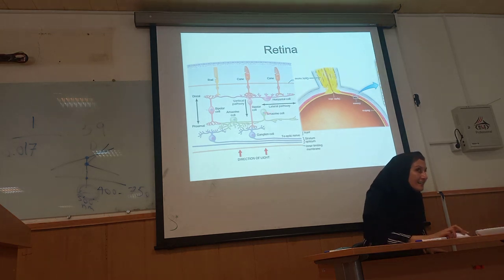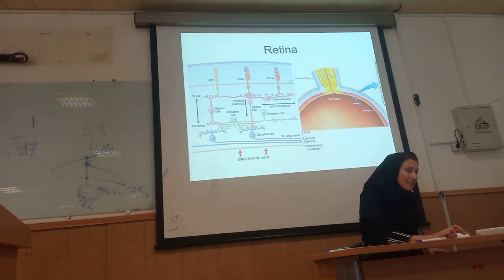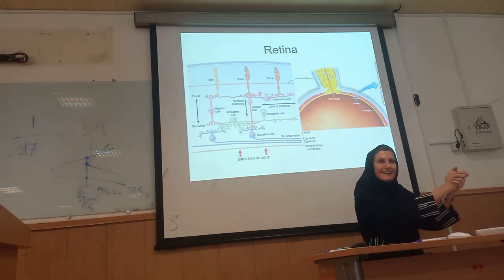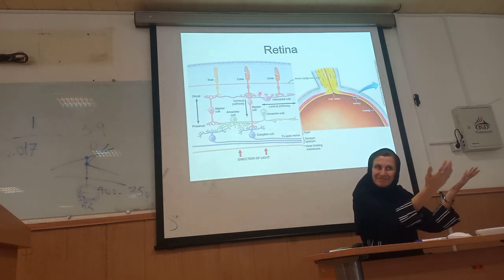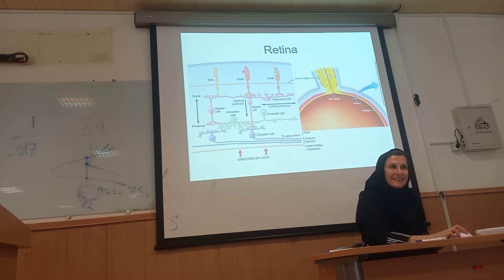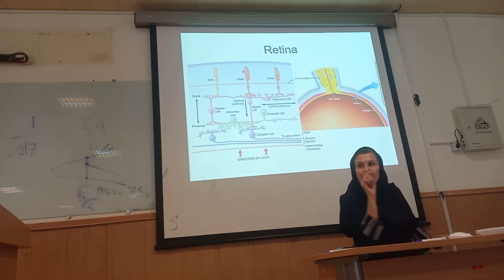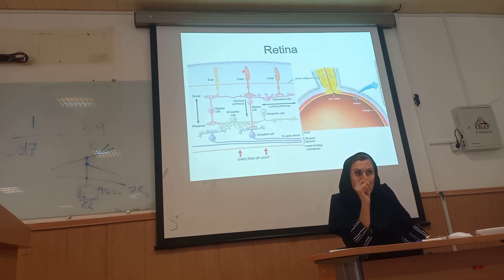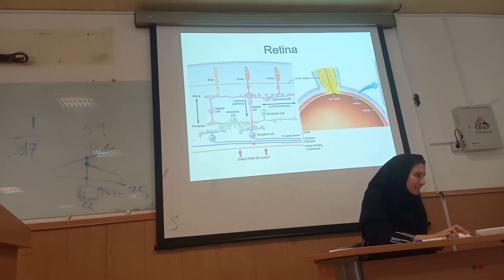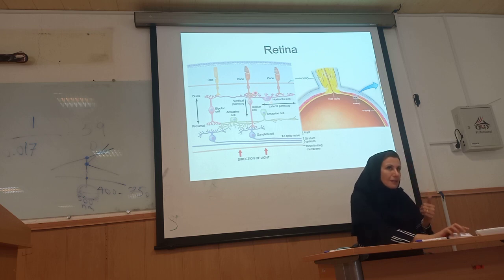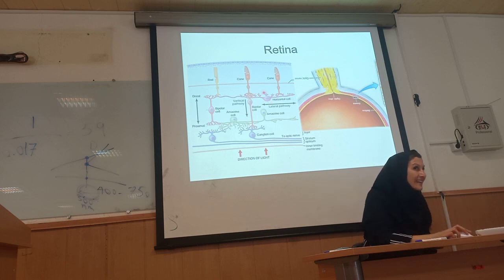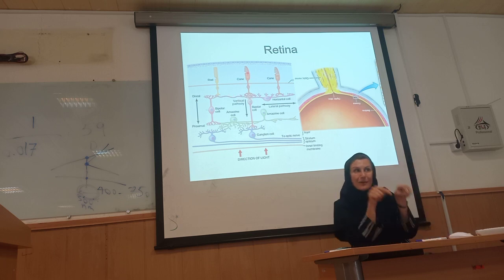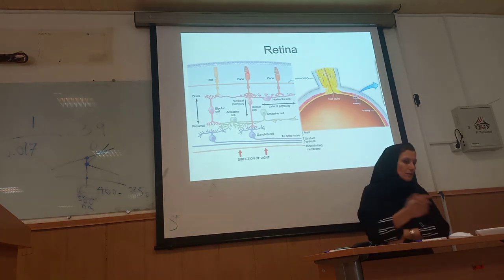So if there is some particle here, when light wants to reach here, it may contact the particle and be absorbed. It does not reach this part, because this is the outer segment of each photoreceptor that responds to light. And when light passes this part, if there is some particle, it can absorb the light and not allow it to reach the outer segment. So they should be phagocytosed.